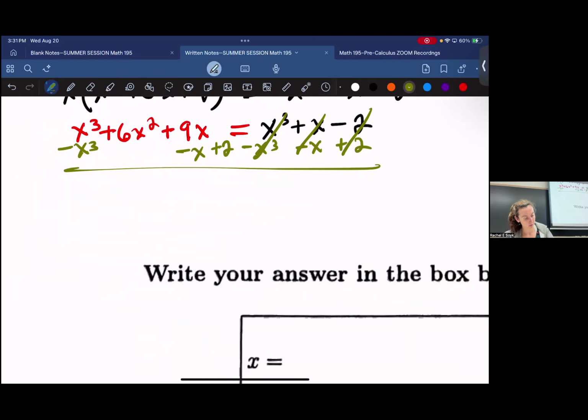Now the x to the third minus x to the third cancels out. So we're really just looking at 6x squared, and then 9x minus 1x gives you a plus 8x. Plus 2 is equal to 0.